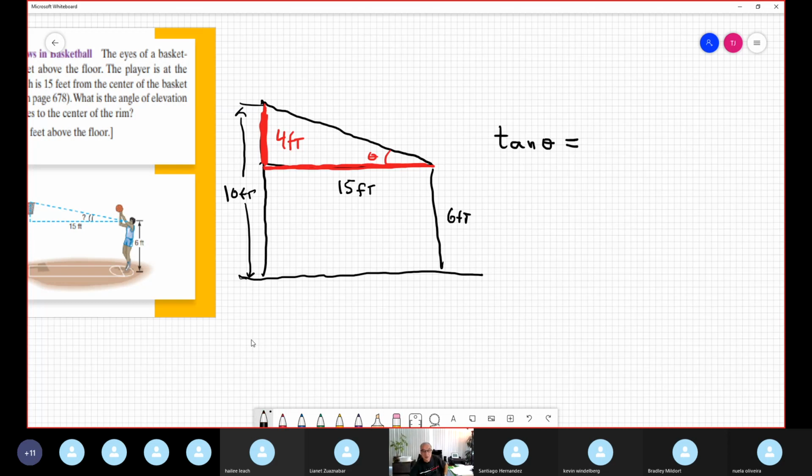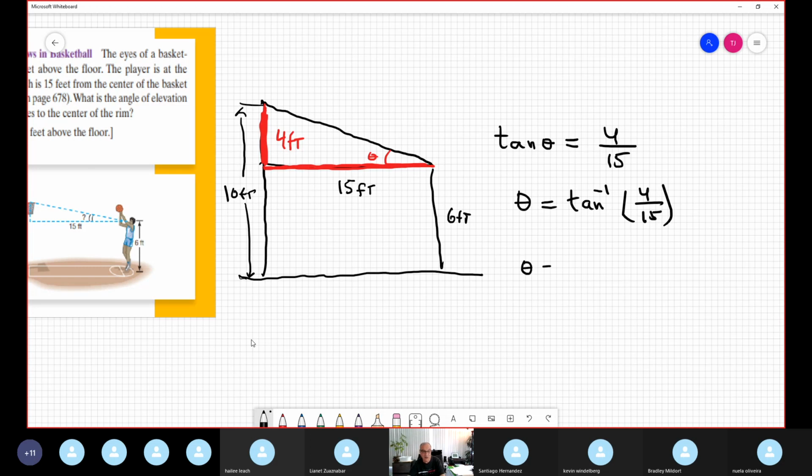Tangent theta is equal to opposite, 4, divided by adjacent, 15. Therefore, theta is tangent inverse of 4 over 15. Remember, tangent inverse or any trigonometric function inverse, you have the tangent in your hand, a value. And what is the angle whose tangent is 4 over 15?